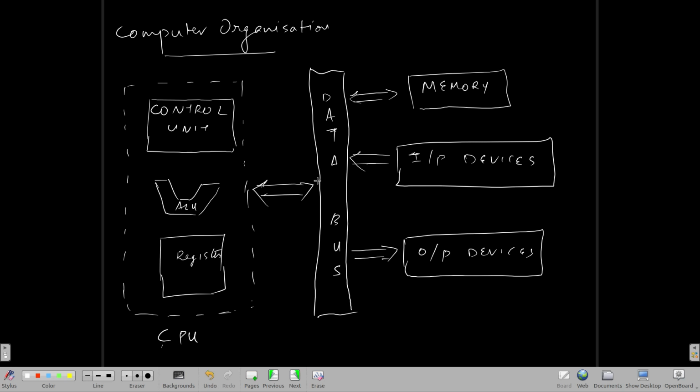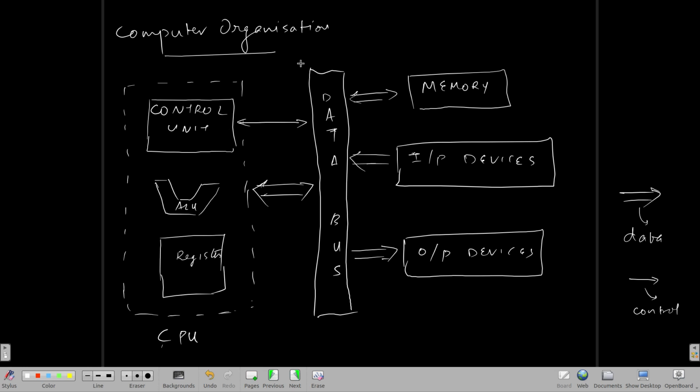These double-lined connections, whether it is one direction or two direction, are used for data, and single-lined connections are used for control.